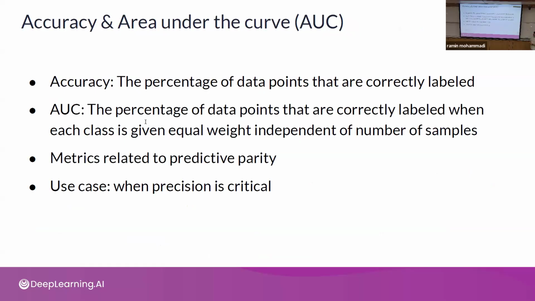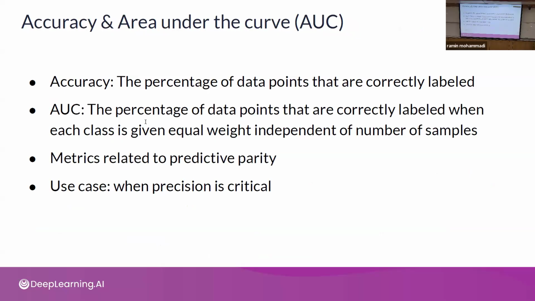Then accuracy and area under the curve, and these are more for when you care a lot about precision. Precision is kind of like, out of all of the ones that I said were positive, what percentage are actually true. It's kind of like if you always shout wolf, how much should I trust you?